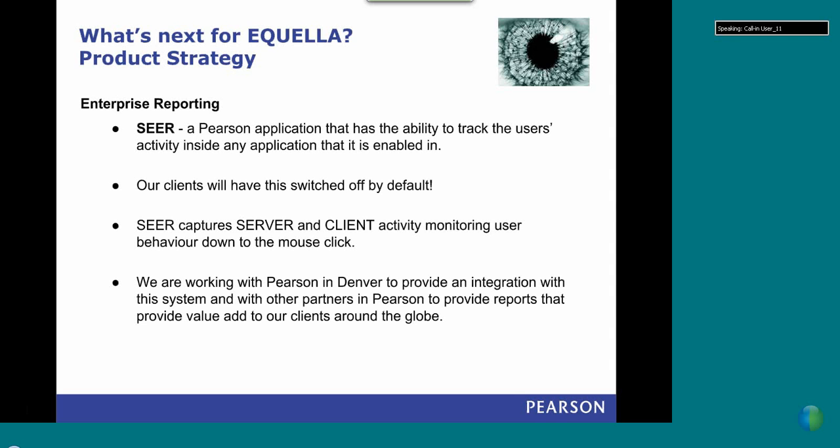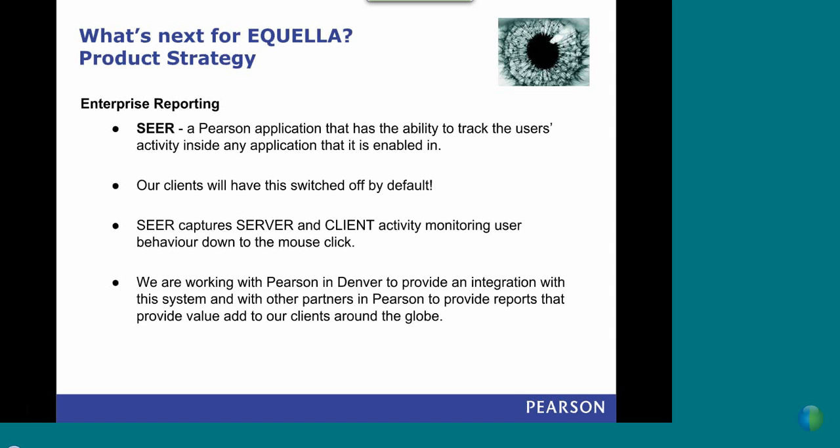But SEER gives us the ability to track user activity in the system, and that can be very helpful for reporting, being able to feed back information that isn't necessarily in the database or that we can put in the database in a much easier way for you to pull and analyze.